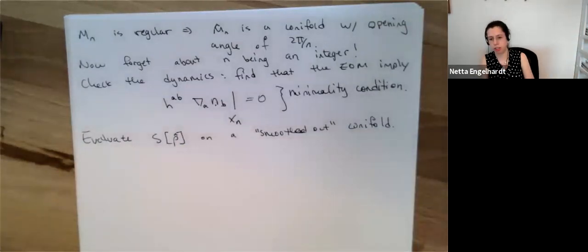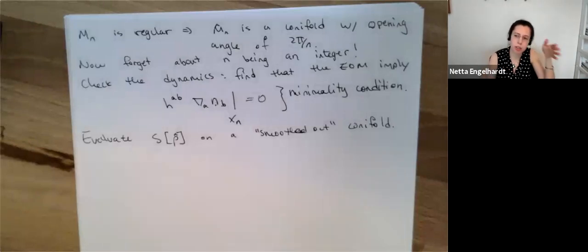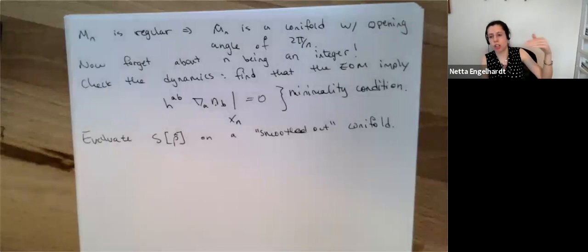Lewkowycz and Maldacena originally smoothed out the conifold, and then you go very close to it, and you find that there can't be any counterterms or boundary terms at the conical singularity. There's a maybe nicer approach by Xi Dong, which just adds the boundary terms and then finds that they vanish in a first variation, so they don't actually contribute, but you add them and then subtract them, and it turns out you get an area piece from that.